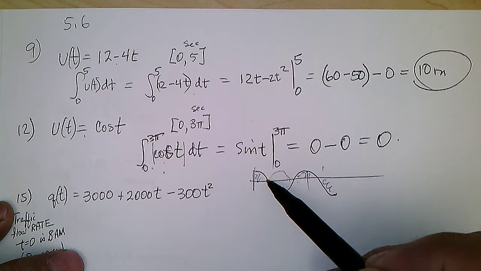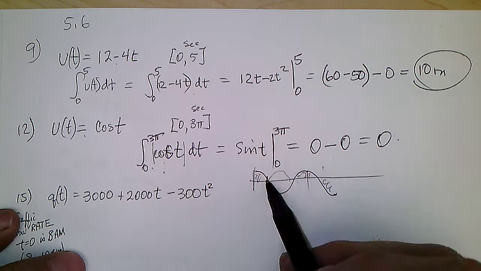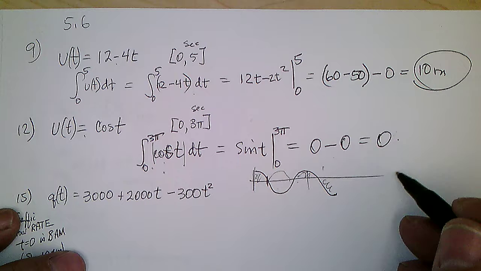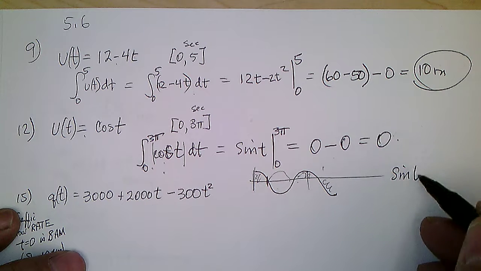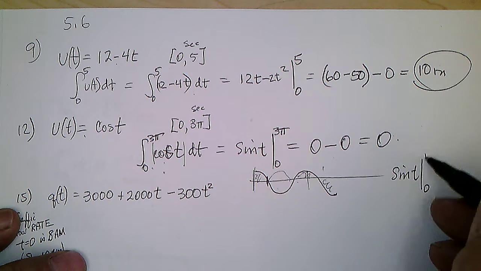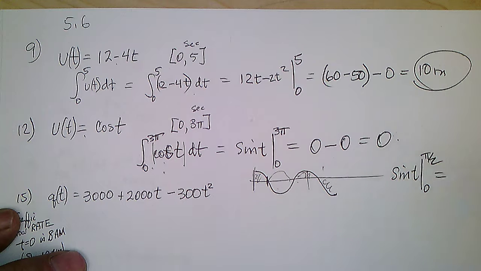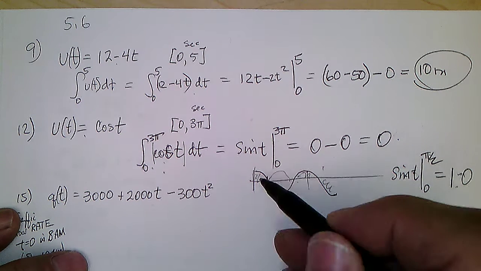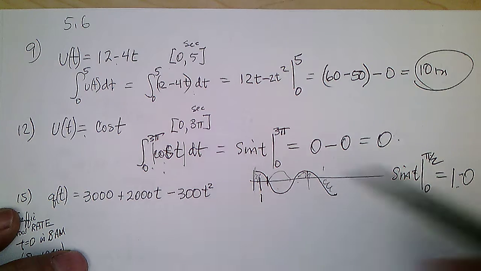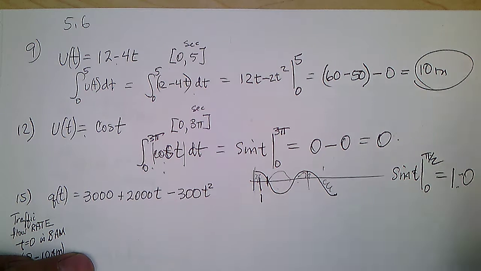So if we integrate sine of t from 0 to pi over 2, we get sine of pi over 2, which is 1, minus sine of 0, which is 0. So the area here is 1, meaning it went 1 meter.